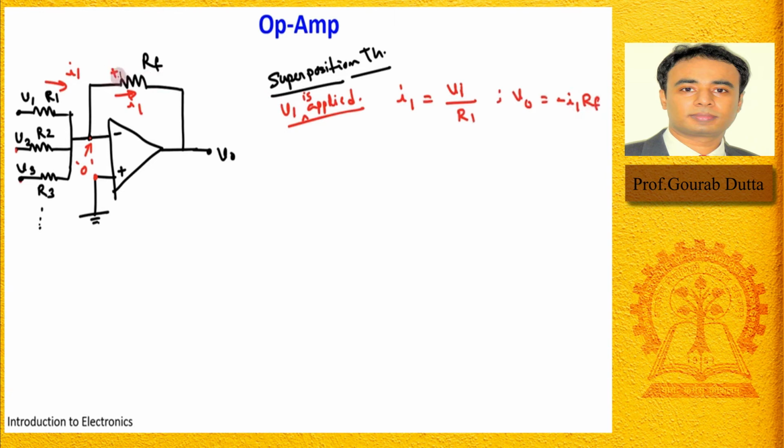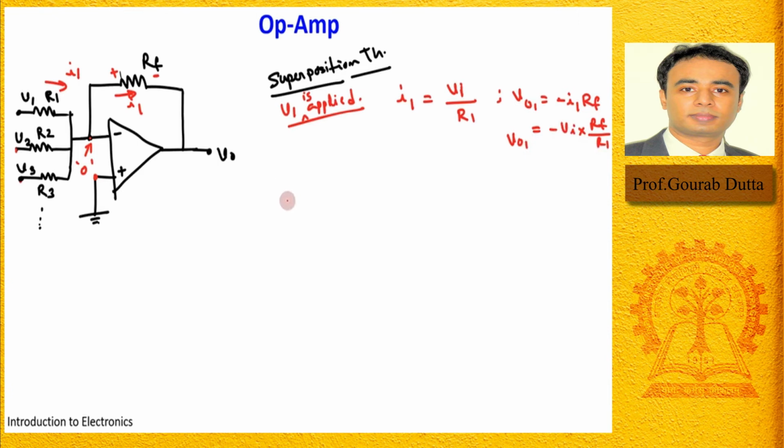Because current is flowing here, so it is plus here, minus here, so V output would be minus because this is grounded, right? So you just substitute it here, so V output is minus V1 into RF by R1. Let us denote this as V output 1, the output when V1 is applied.